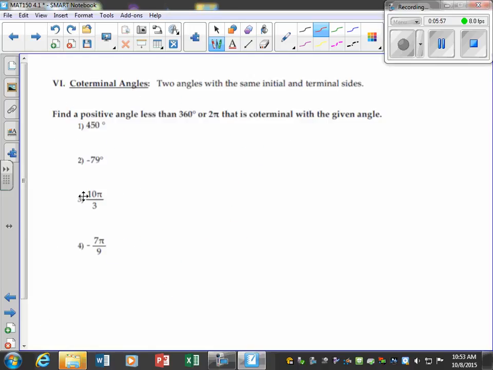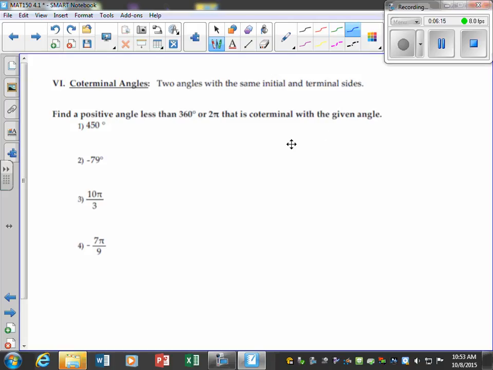Okay, so the next thing we're going to look at is coterminal angles. Basically, two angles with the same initial side and the same terminal side. We did one a minute ago when I threw out 9 pi over 4. But let's look at coterminal angles.